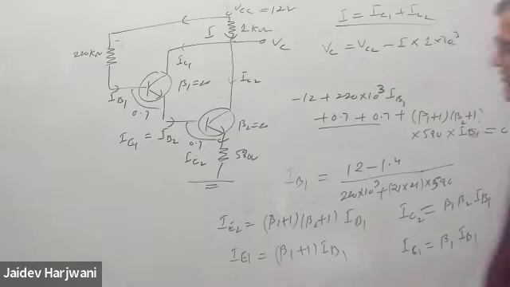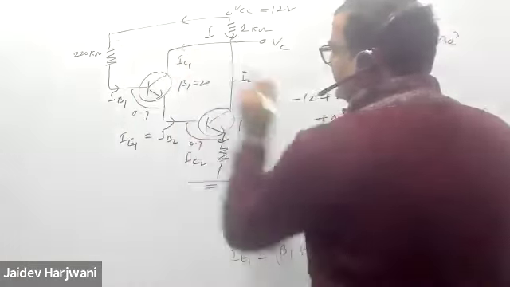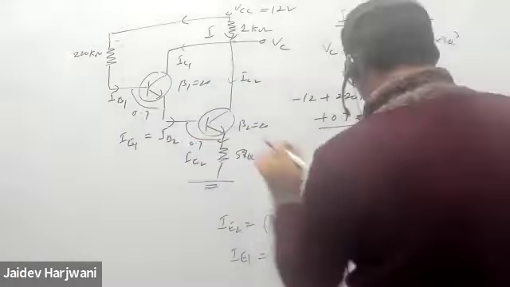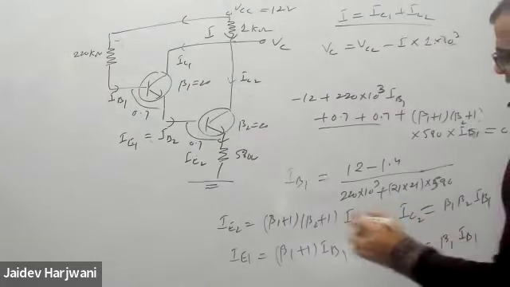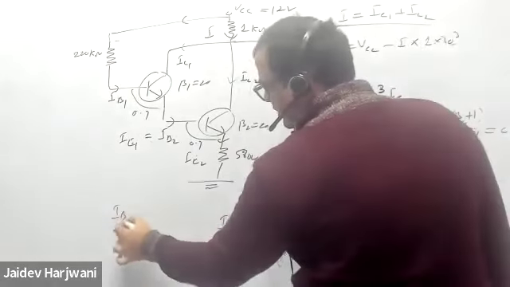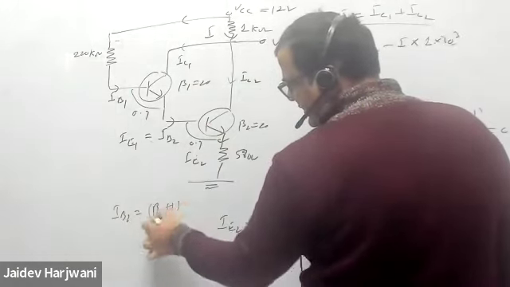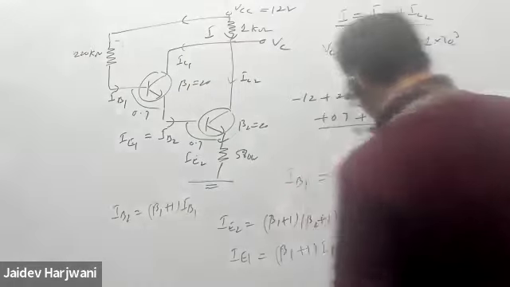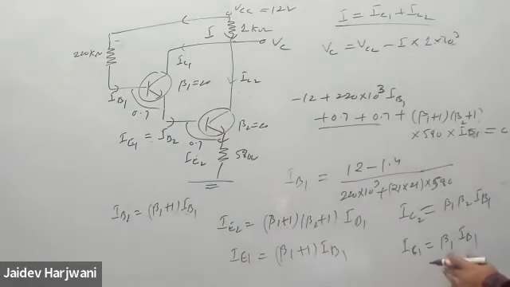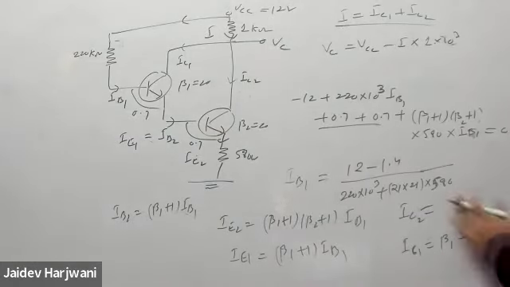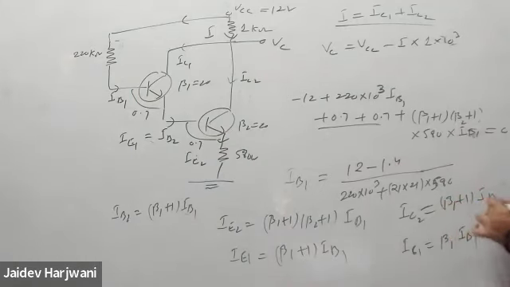If I want to find IC1, if I know IB1, I can find IC1. And if I know IB2, IB2 is what? IB2 is your beta 1 plus 1 IB1. So my IC2 will be... sorry, this becomes IB.